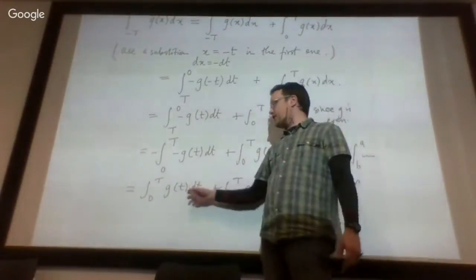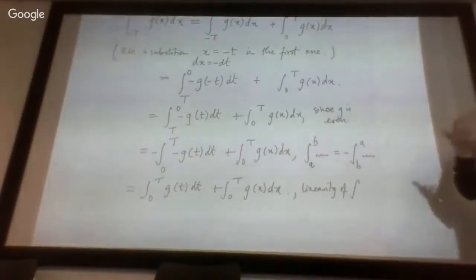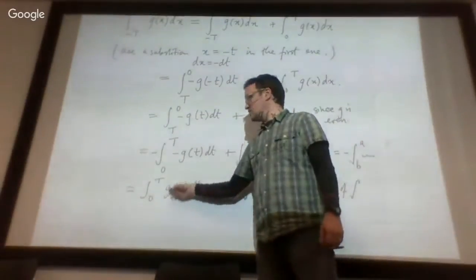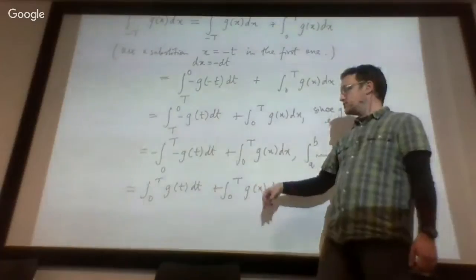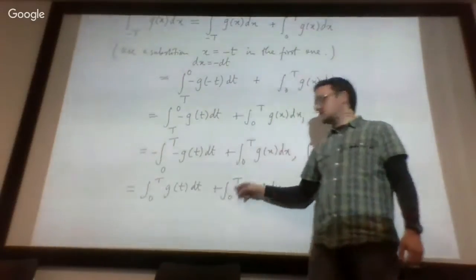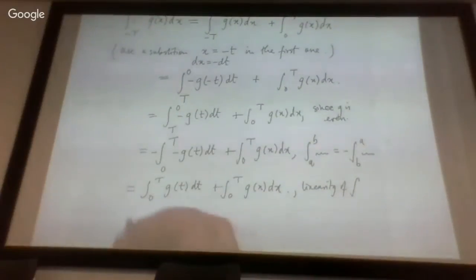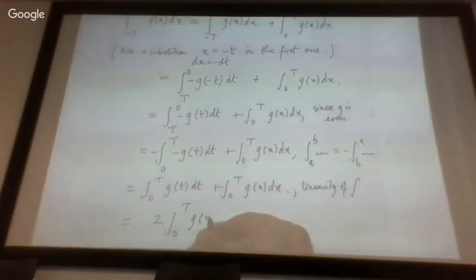Whether you temporarily call the variable little t or little x makes no difference whatsoever. The integral is only defined by the function g and where you're integrating. These two integrals integrate the same function g across exactly the same domain, 0 to capital T. So this is simply 2 times the same integral.